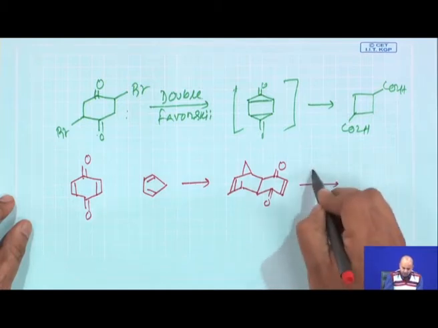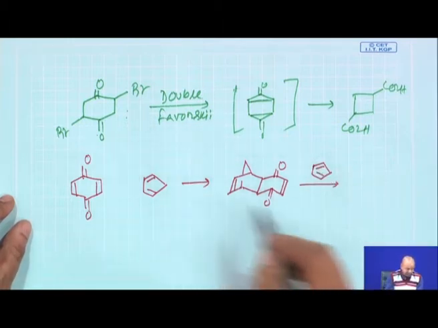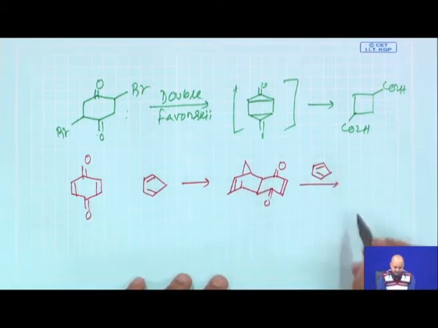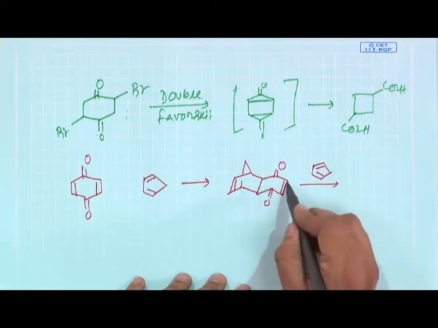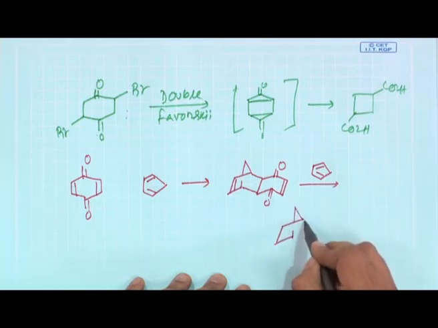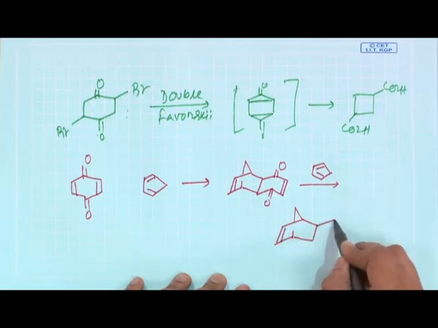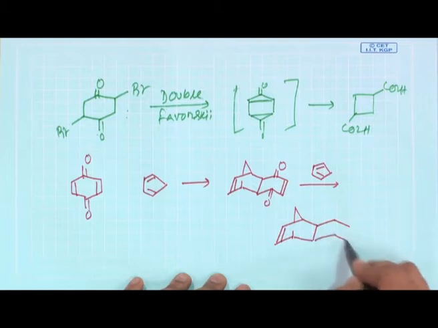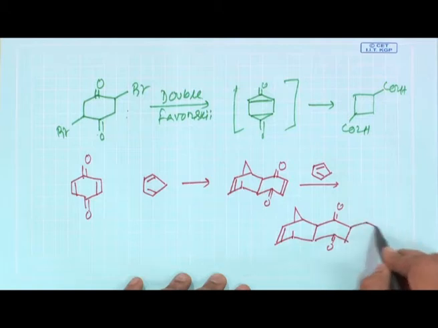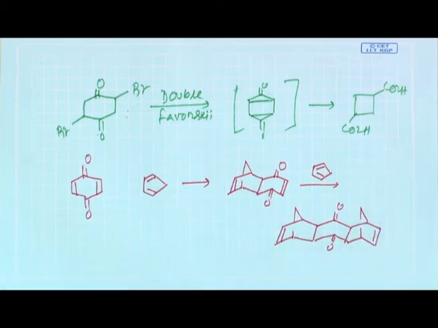Then another round of cyclopentadiene was reacted, and that gives a linear tricyclic compound whose structure is this. This part is there, and this now acts as a dienophile and reacts with this to basically give you this.